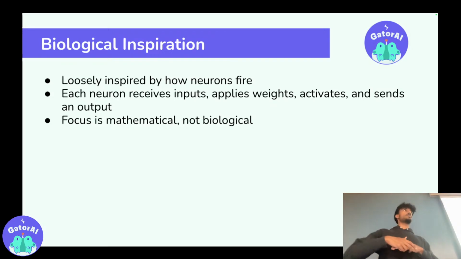We just take weighted inputs, add a bias, and pass the result through a function that decides how strongly to activate. The beauty of it is, even though the idea is kind of simple when you think about it, when you connect thousands and thousands of neurons together, it's pretty crazy, just like our brains.